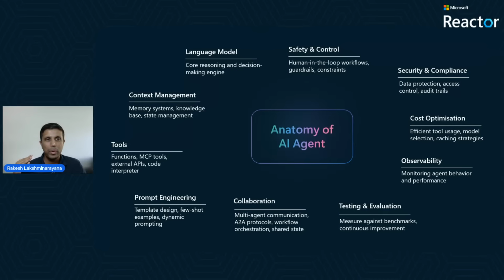But when you move from a prototype to an enterprise-grade application, there are a few more things that you need to think about, and that's what you see mostly on the right side of the slide. Guardrails are going to be critical, and this is to reduce the blast radius of any unintended actions by the agent.